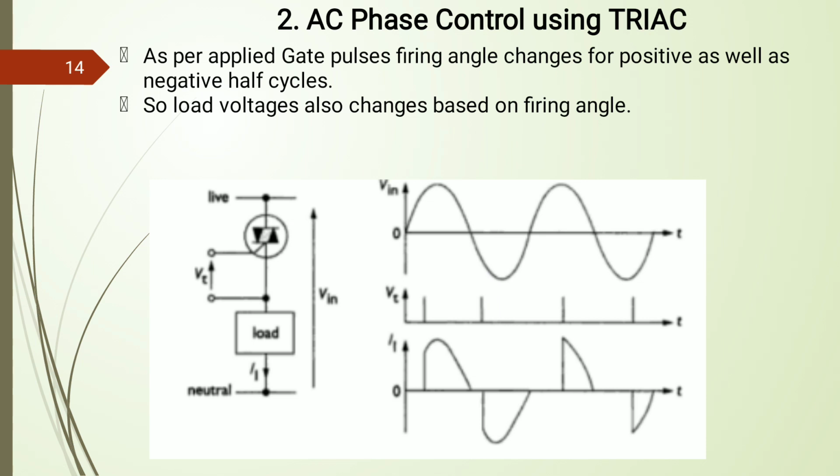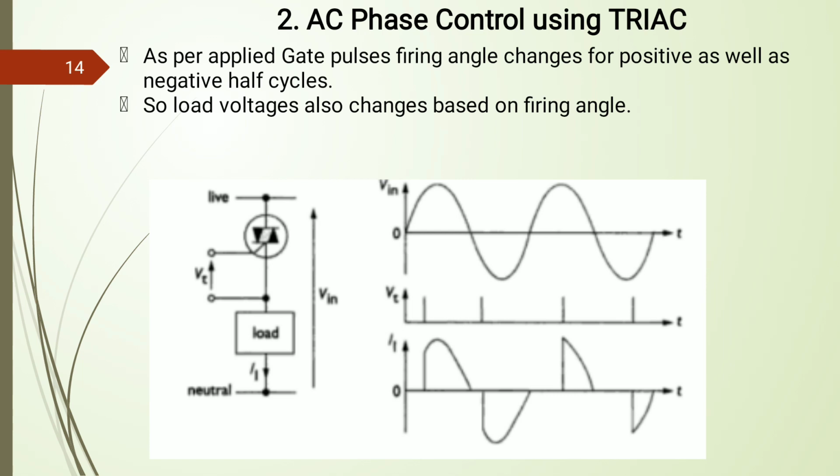Here we see the triac with the three terminals MT1, MT2 and gate terminal, and with the help of the gate signal applied to the gate, we are able to control the positive half cycle as well as negative half cycle with the help of firing angle.